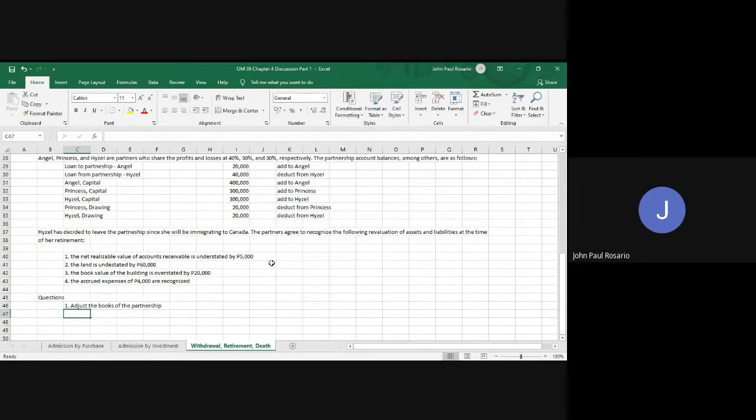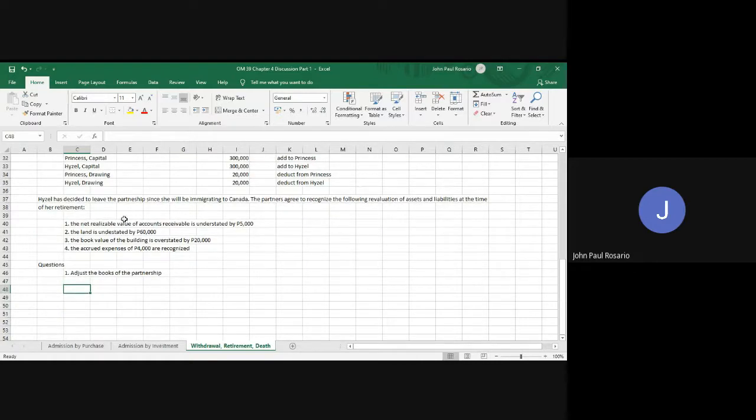Okay, so let's adjust the books of the partnership. Let's start with the net realizable value of accounts receivable, which is understated by 5,000.